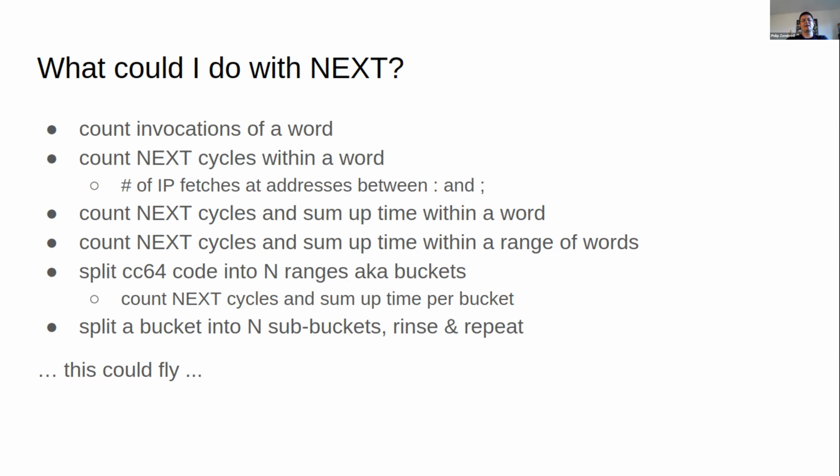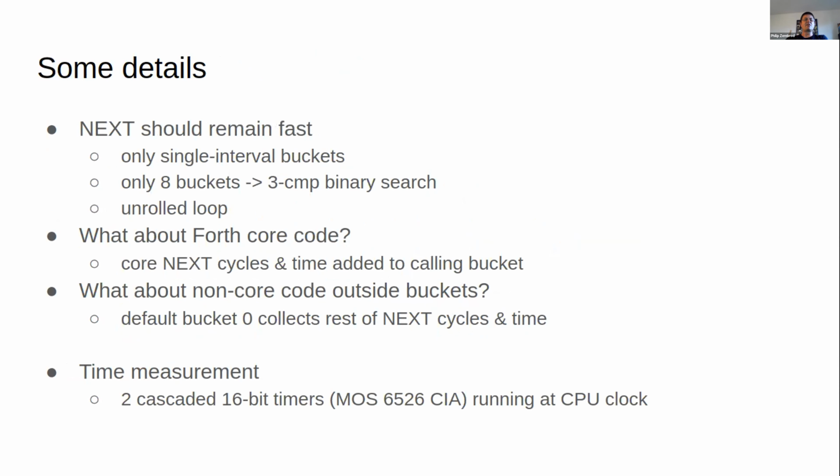And the idea then was, okay, if I have that for a high-level overview, I could split a bucket into sub-buckets and then drill down to the level of detail that I need. And at that point, I was starting to get confident, okay, this is actually something that could work.